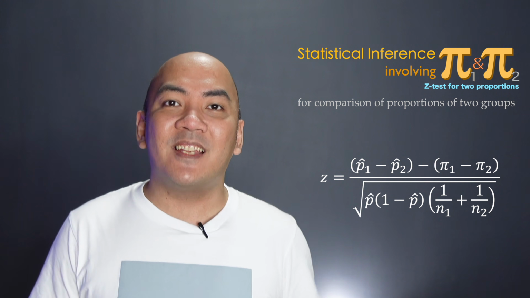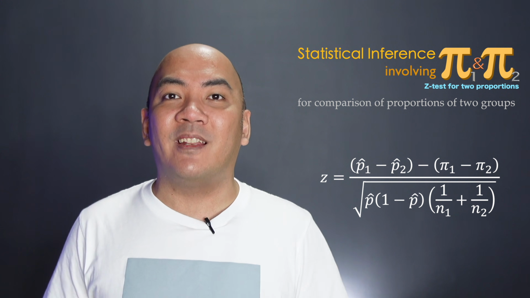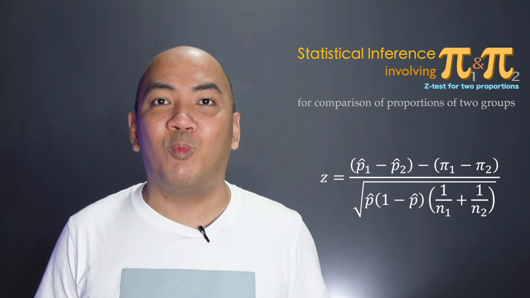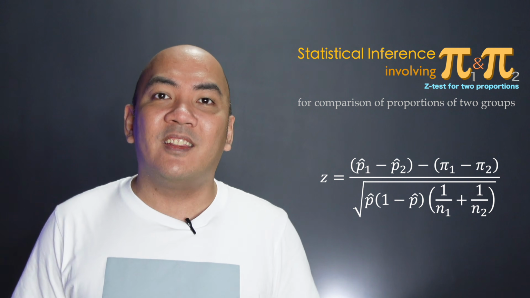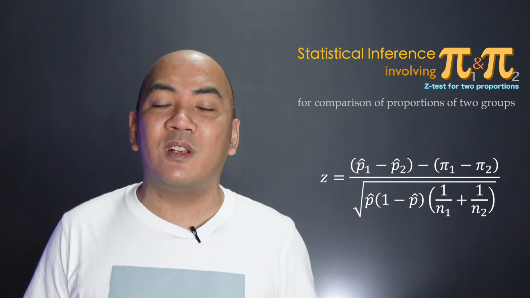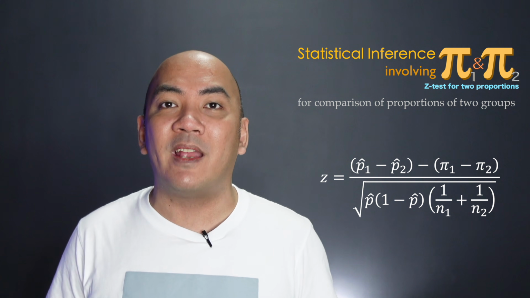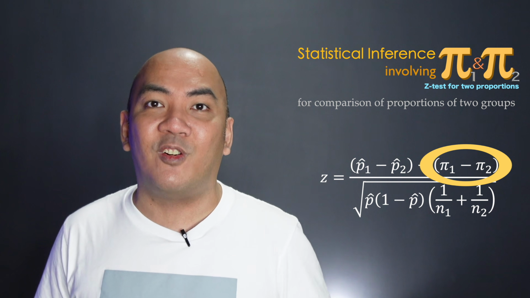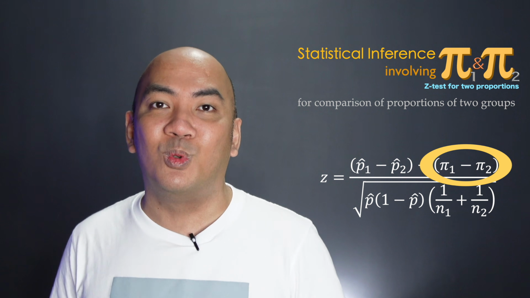And similar with the test for the independent means, wherein we're not interested in the actual values of mu sub 1 and mu sub 2, in the test for two proportions, we're not interested in the actual values of pi sub 1 and pi sub 2, but rather we're interested in the difference of pi sub 1 and pi sub 2.